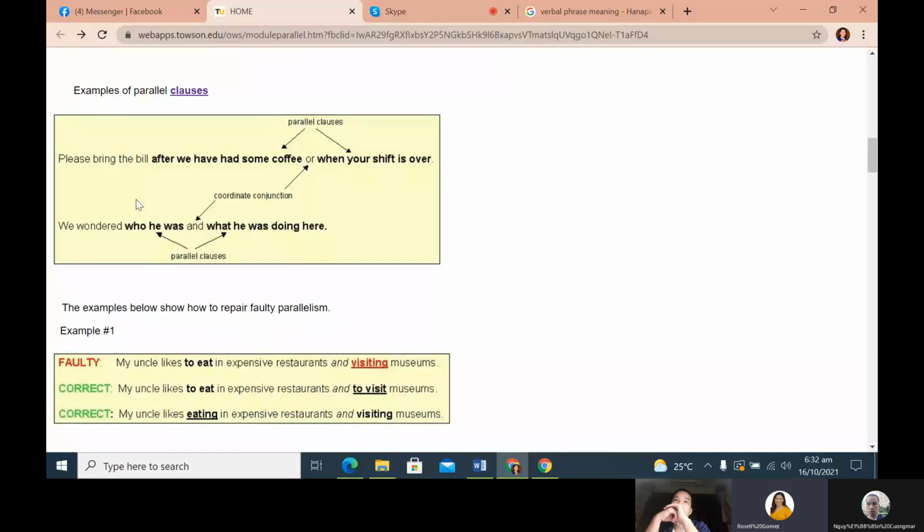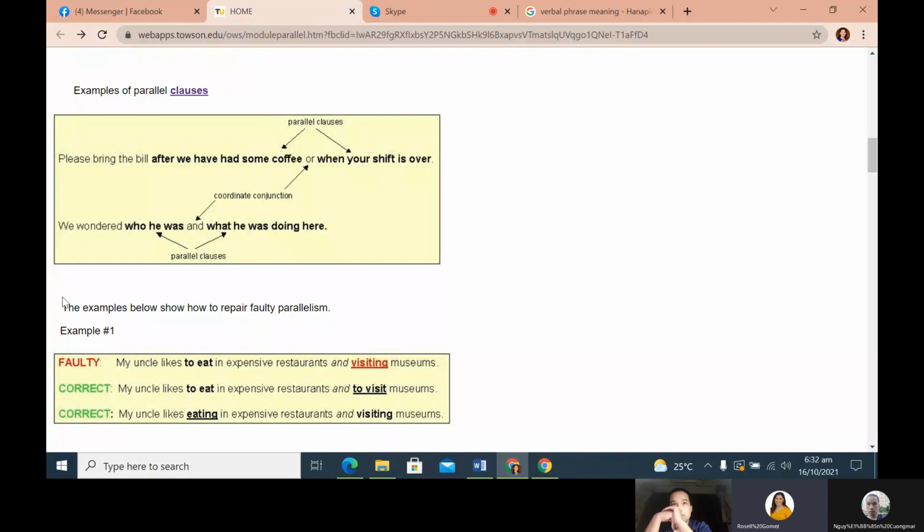Okay. What about second sentence? Please read. We wondered who he was and what he was doing here. Okay. So we have parallel clauses. Who he was and what he was doing.